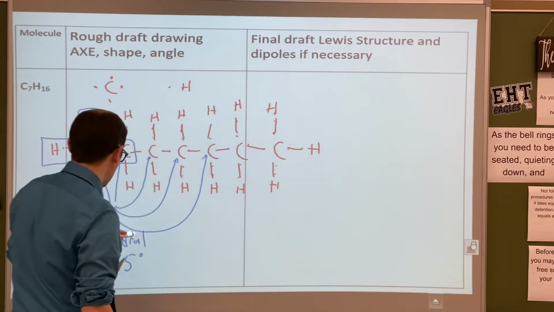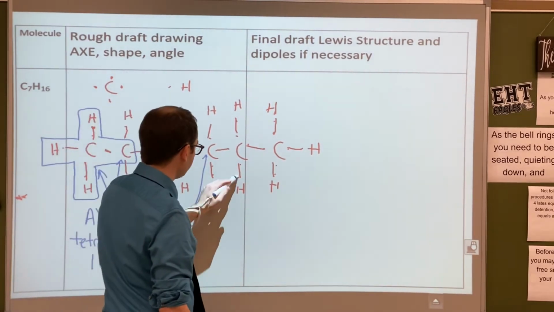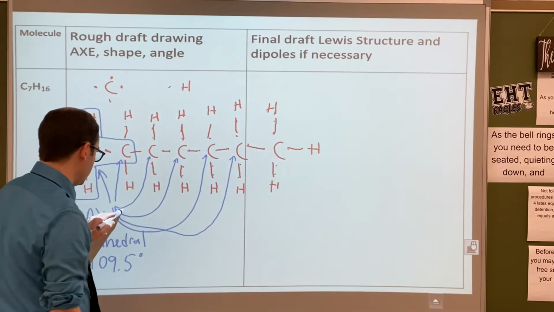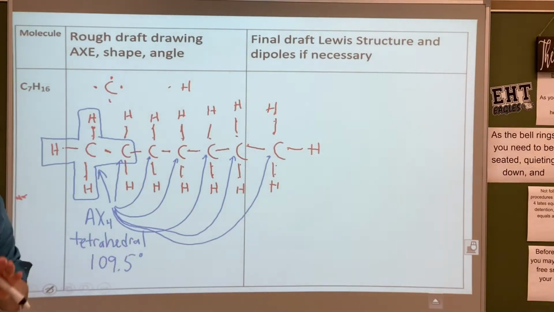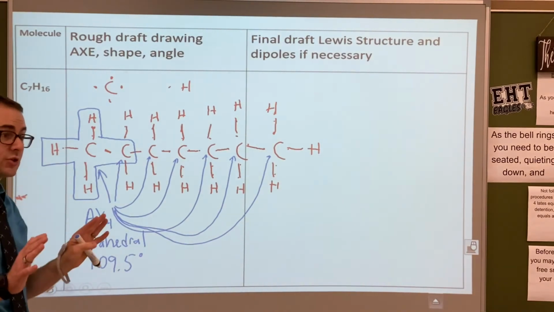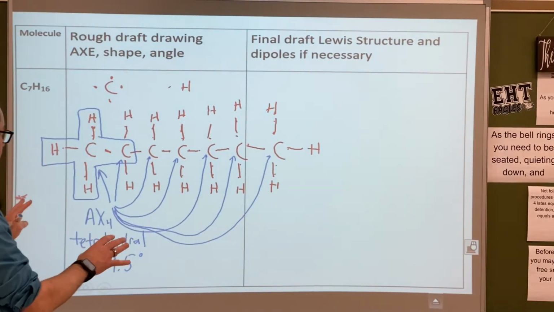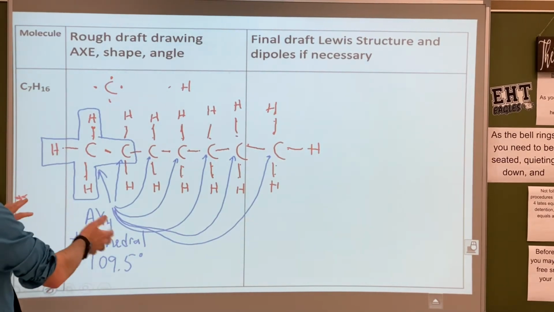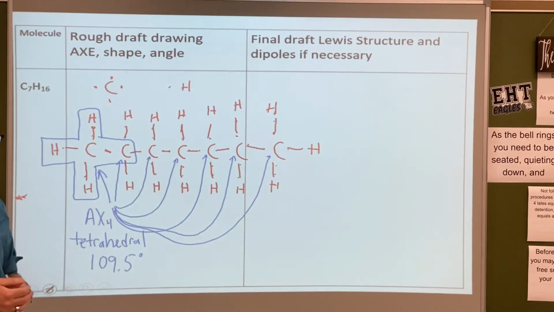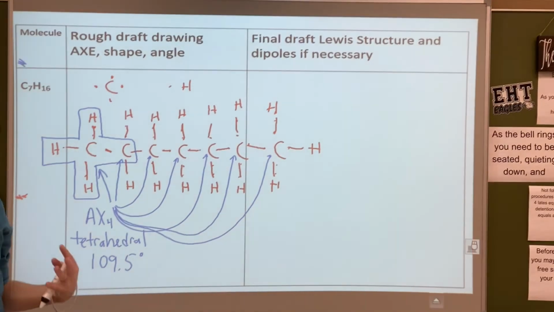And every time you have a hydrocarbon with only single bonds, it's going to be like this. You get double bonds and triple bonds, things are going to change. But if it's a hydrocarbon and it's all single bonds, it'll always be all tetrahedral. Okay? Good? Cool. Any questions?